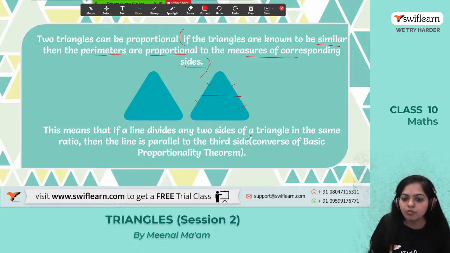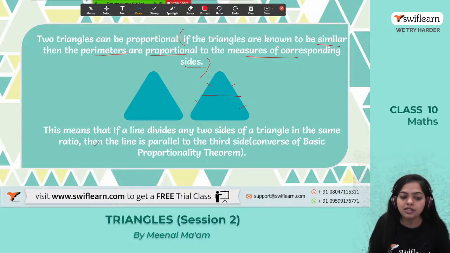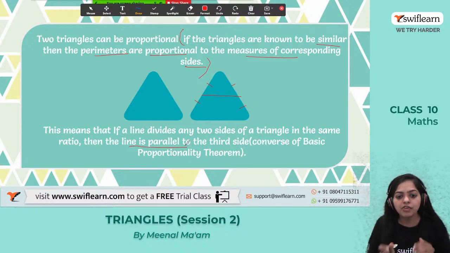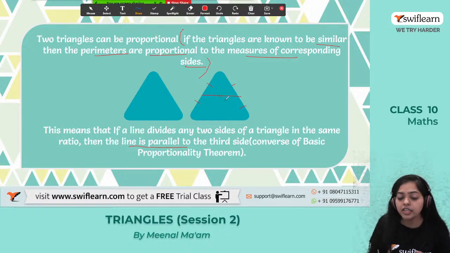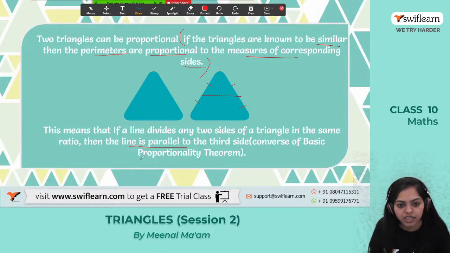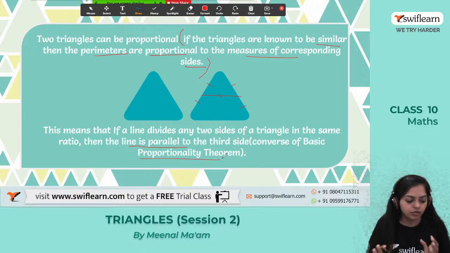But the converse says if a line divides any two sides of a triangle in the same ratio, then the line is parallel to the third side. So here we have to prove that this line is parallel to the third side. Got it, everyone?